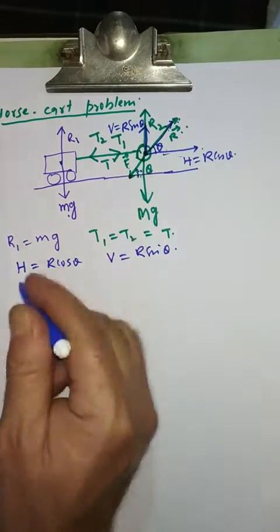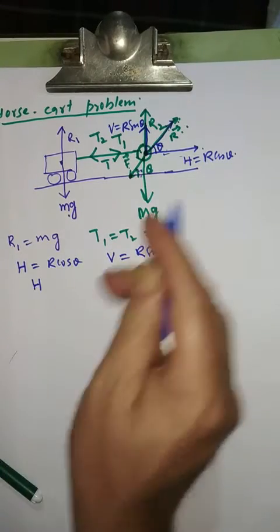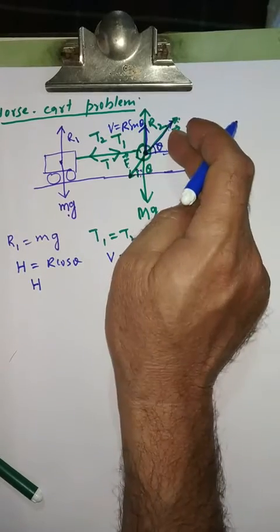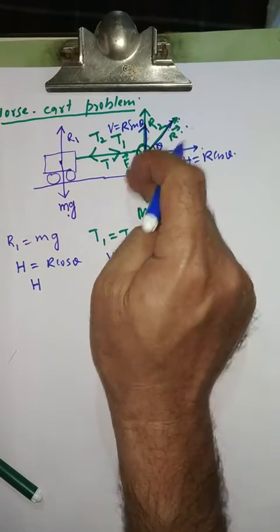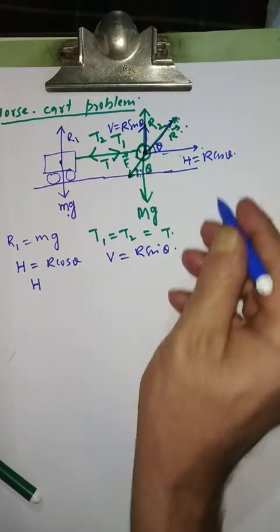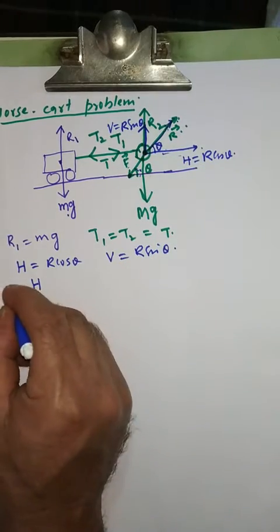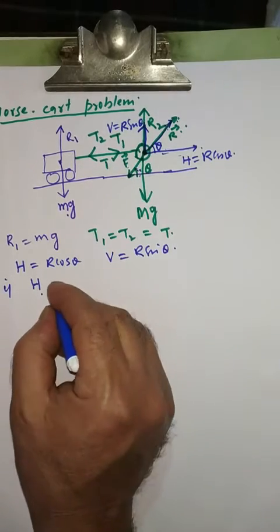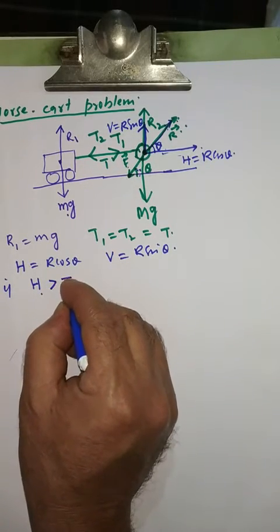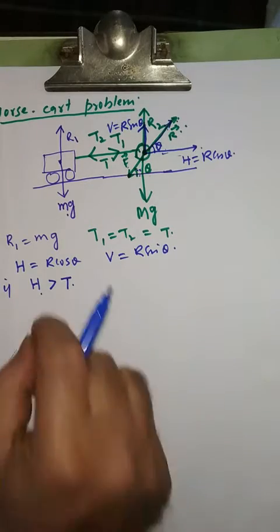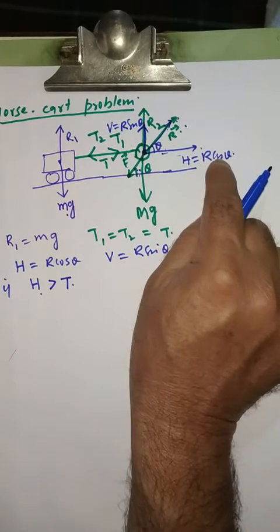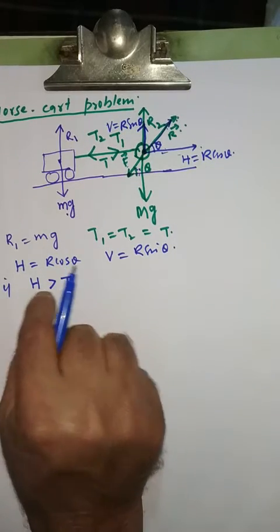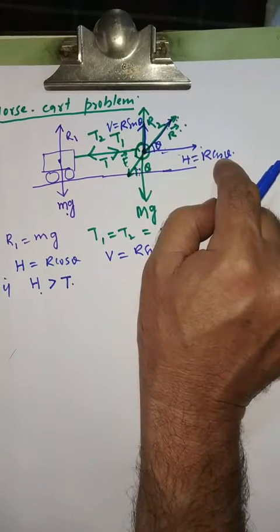Now this horizontal component H is a component of a force, R is a reaction, it is actually the reaction to the force F. Now, if this force H is greater than the tension in the string, ठीक? Then the horse will move forward. If H is less than T, then the horse will not move forward.